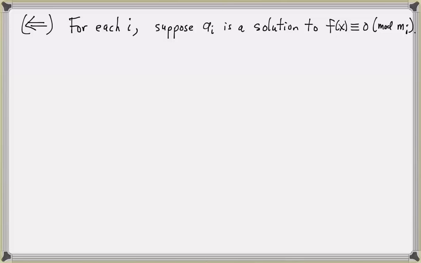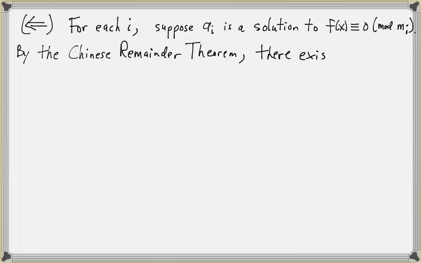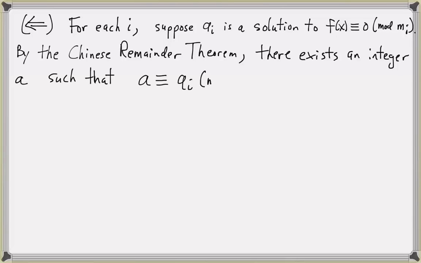Well, by the Chinese remainder theorem, there exists an integer a such that a is congruent to ai mod mi for each i.